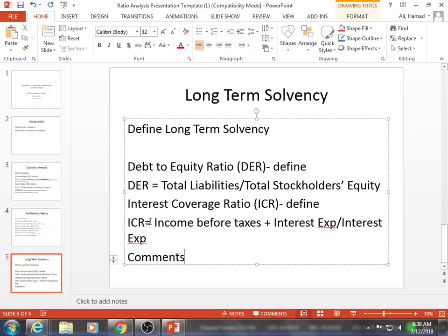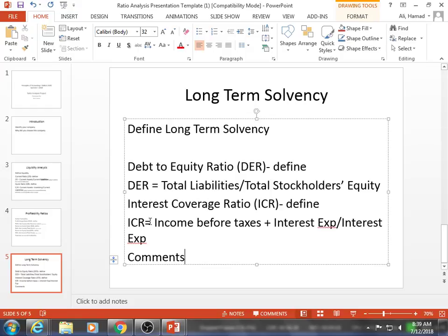That's the first ratio, debt to equity ratio. And the second ratio is interest coverage ratio, which equals your income before tax plus interest expense, divided by interest expense, the same number.